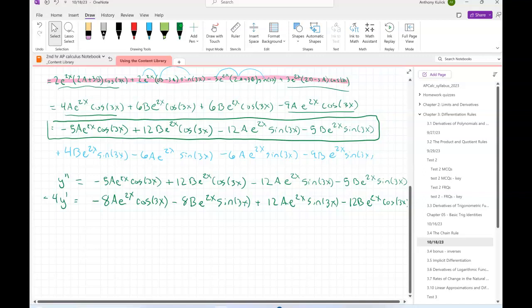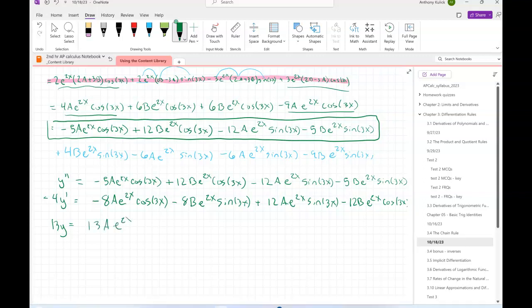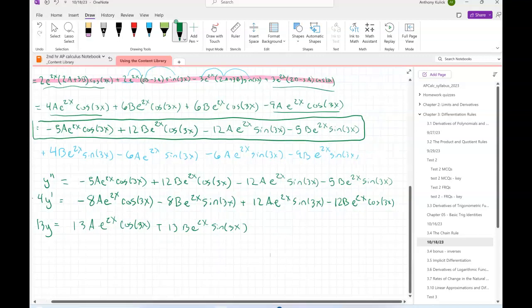Everybody okay here? Yes. And then I have 13y. So when I do that, I'm going to have 13a e to the 2x cosine 3x and plus 13b e to the 2x sine 3x.